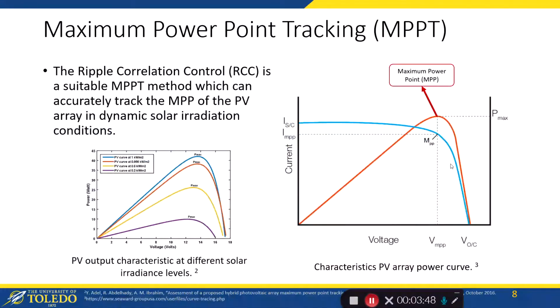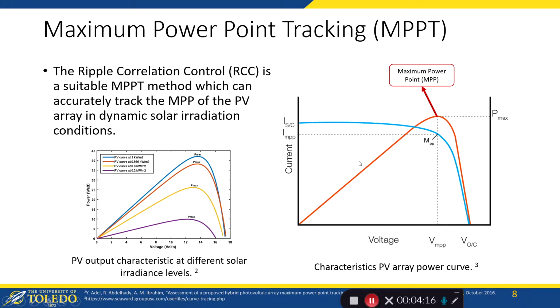Here we have two diagrams. On the left we see that by changing the solar irradiation, the maximum power point of the PV array will shift, and the maximum power point here is represented with P max. Because there will be this shift, we need to make sure that this point is being tracked at all times.